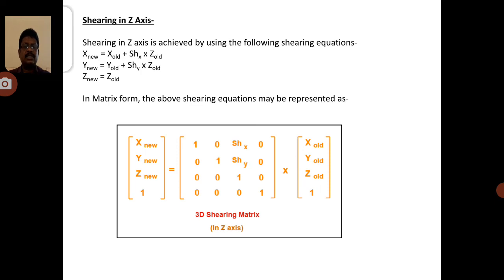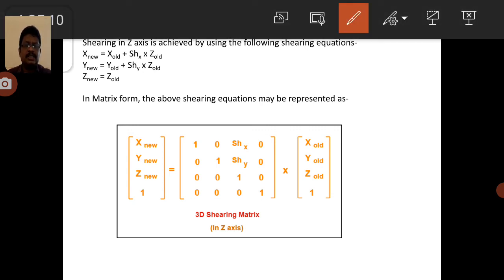Now we go through the shearing on the z axis. The similar pattern: there is no impact on the z axis, but the y axis and the x axis may be affected. That gives different values. Now z new equals z old. The z old value can be used in the two notations of x and y.